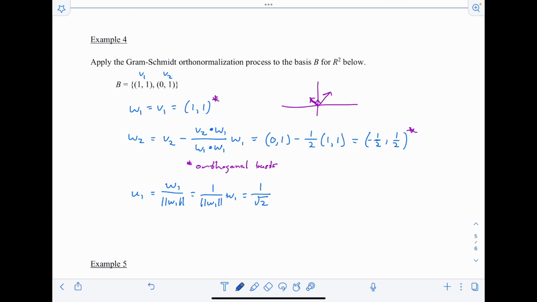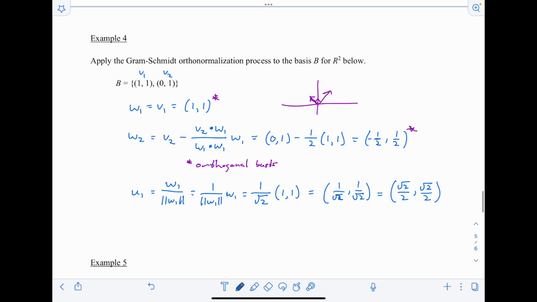And then times the vector itself, 1, 1, which is going to be 1 over the square root of 2, 1 over the square root of 2, or if you prefer to rationalize, get the square roots out of the denominators, root 2 over 2, root 2 over 2.